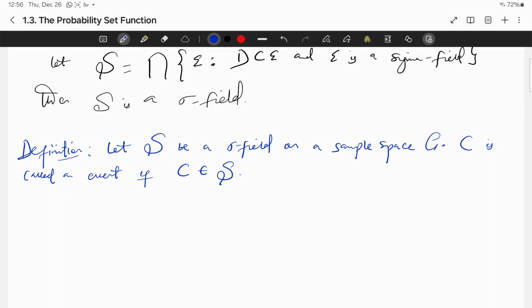The elements of a sigma field are called events. Any element in the sigma field is called an event.